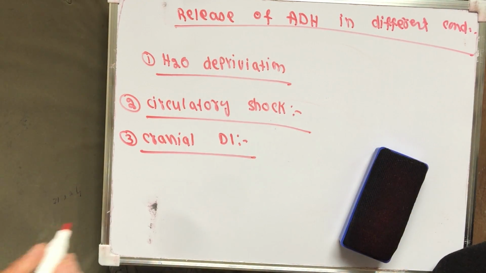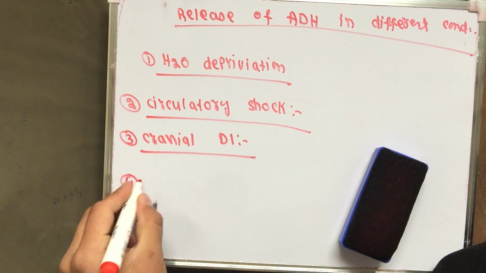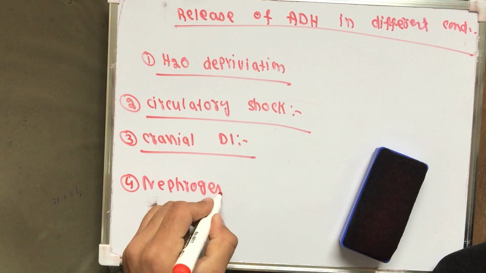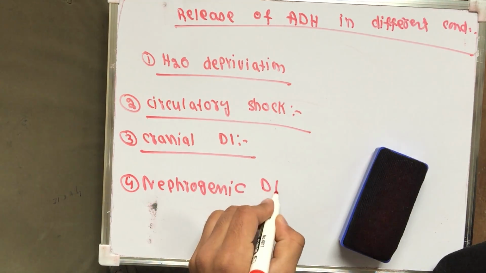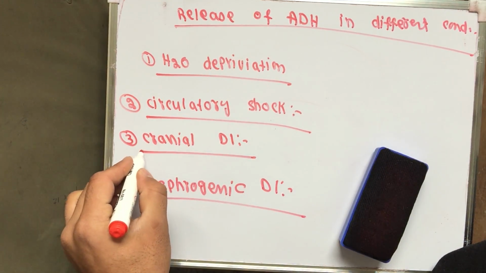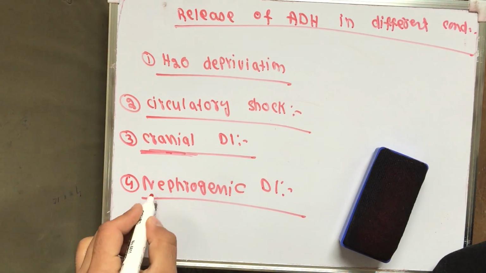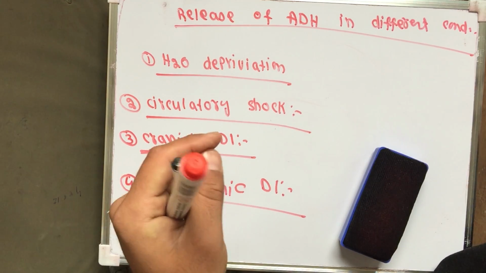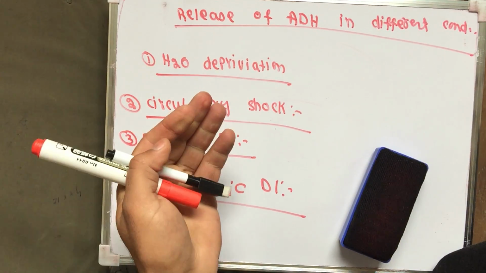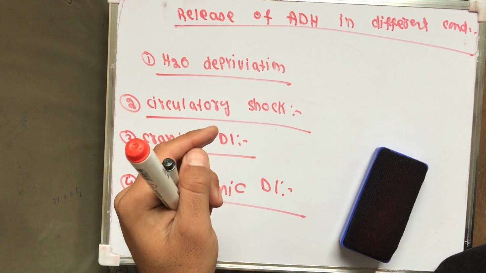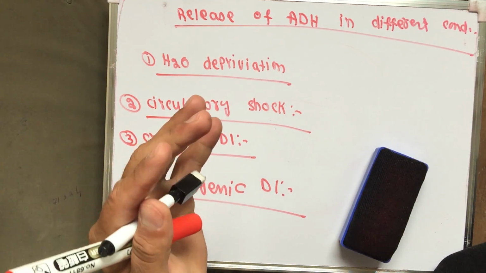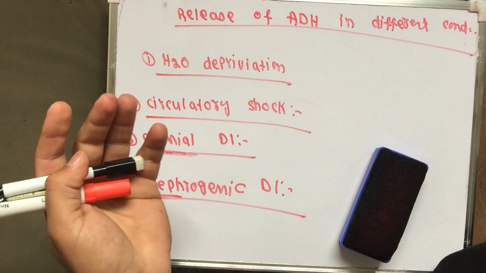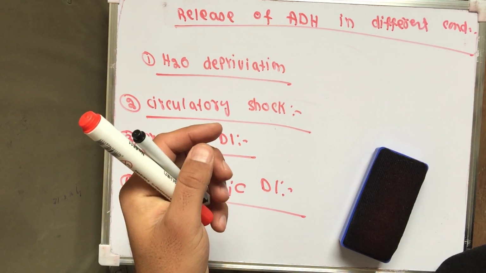Another condition is nephrogenic. Cranial means related to the brain, nephro means related to the kidney. In this case, however, ADH is produced, but there is a problem in the kidney. The kidney problem is such that the reabsorption of water cannot take place.